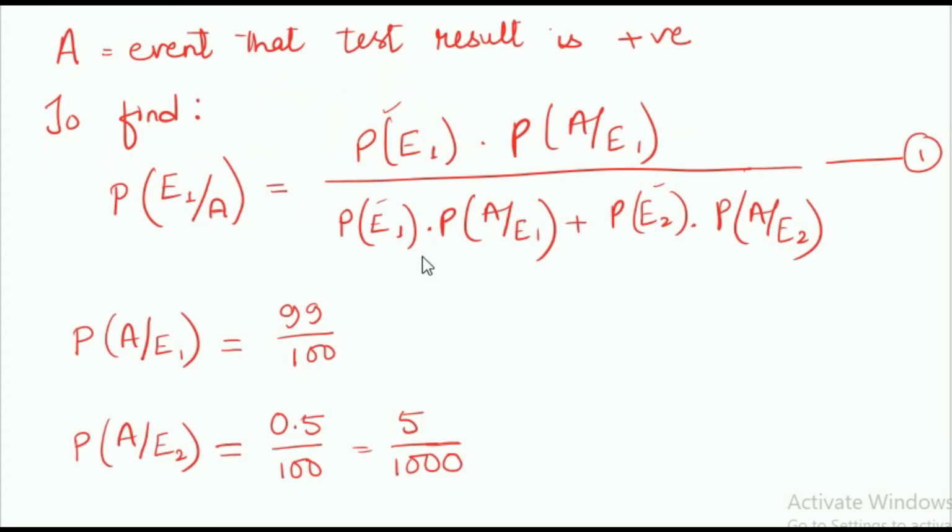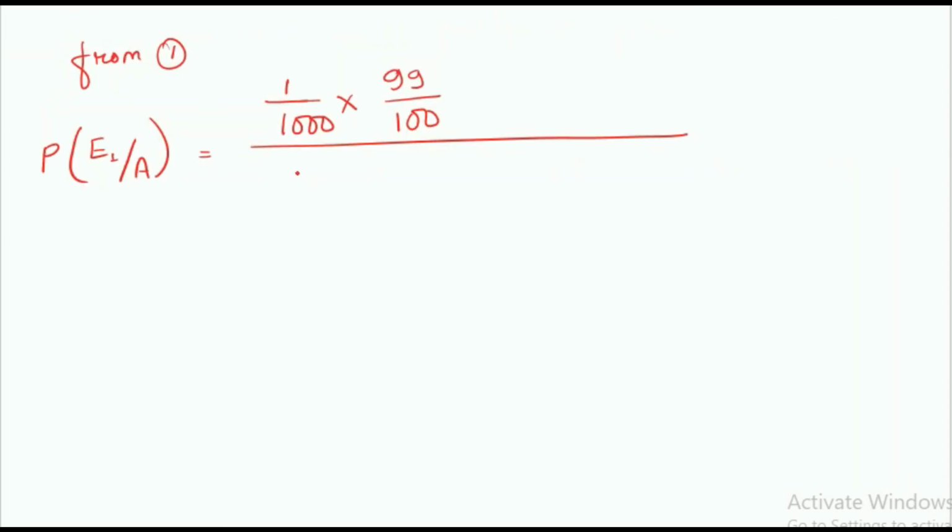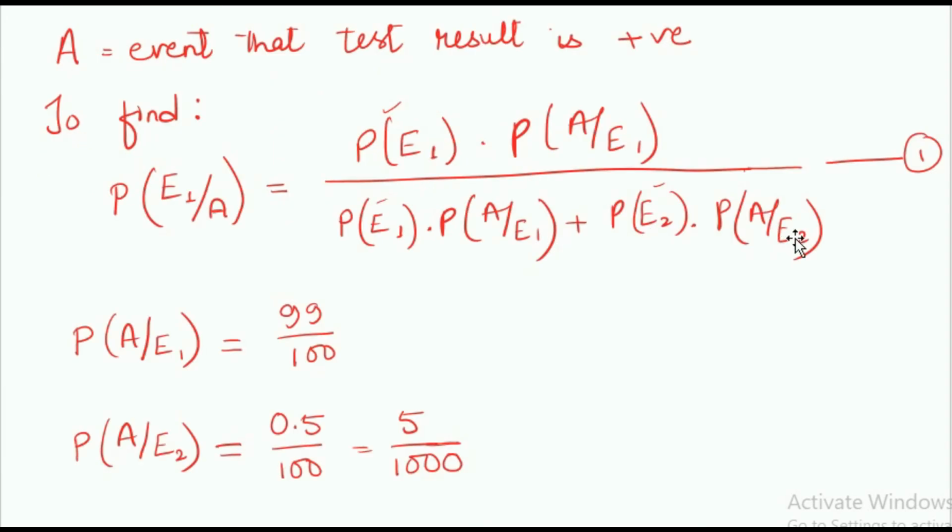And then what is the denominator? Probability of E1 into probability of A given E1, so 1 by 1000 into 99 by 100, plus what is next? Probability of E2 into probability of A given E2.